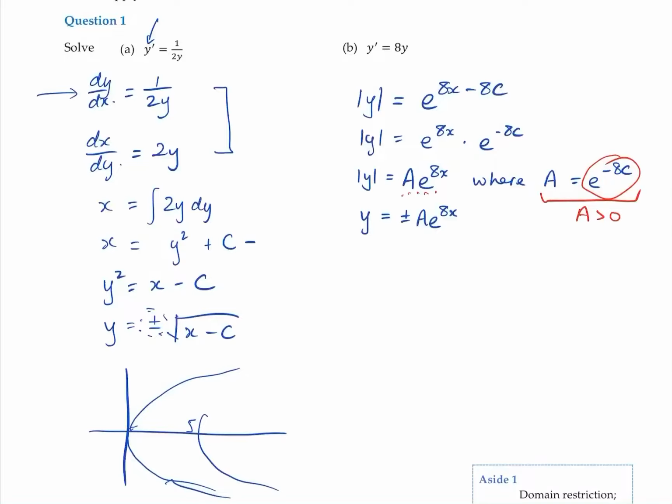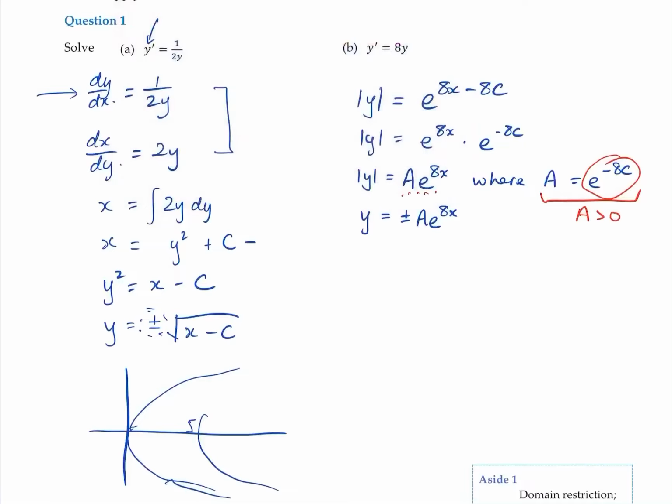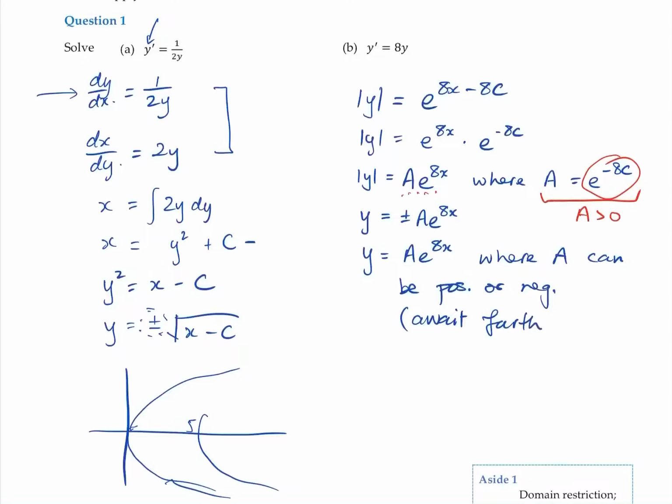But we can relax that a bit and just say y equals A e to the 8x, where A can be positive or negative. And we await further information. If we were told some values, then we could find the value of A.